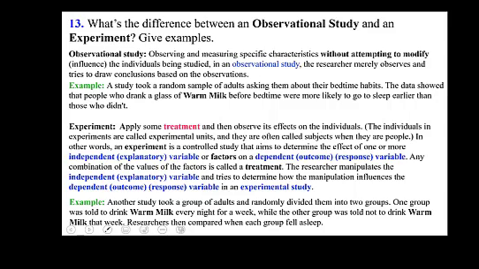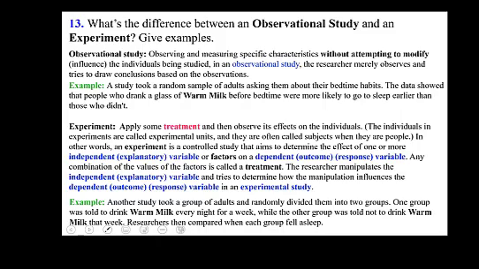Any combination of the values of the factors is called a treatment. The researcher manipulates the independent explanatory variable and tries to determine how the manipulation influences the dependent outcome response variable.